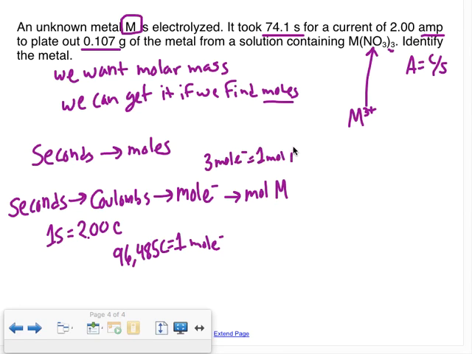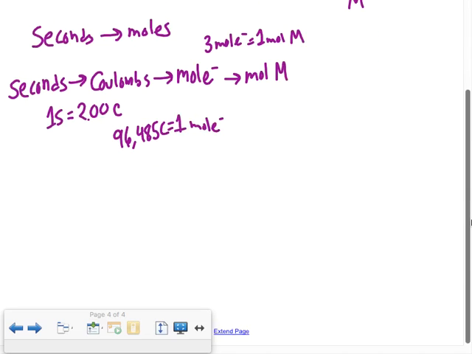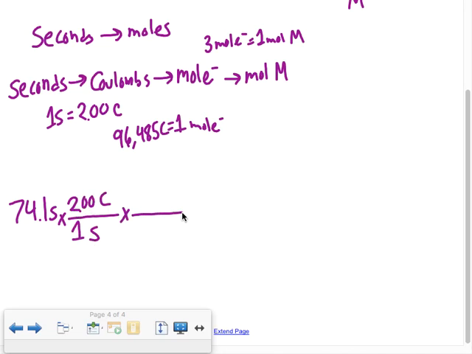So we had 74.1 seconds as our starting value. And we could convert seconds to charge using the current, because it was a current of 2 amps, which means 1 second is equal to 2 coulombs. We can convert coulombs to moles of electrons using Faraday's constant, where 96,485 coulombs is the charge of 1 mole of electrons.